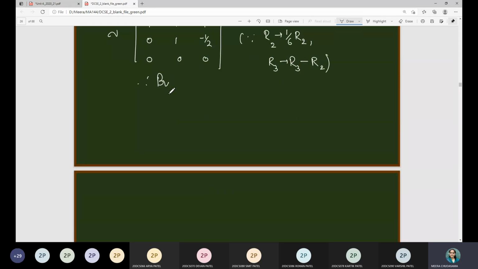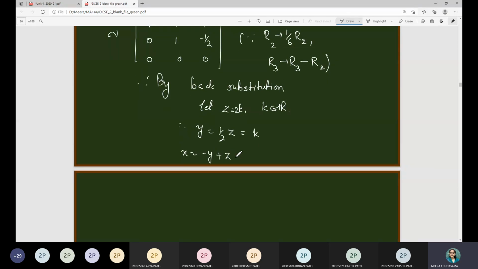So therefore, by back substitution, let Z be equal to K, where K is in R. Therefore, Y is equal to 1 by 2 Z. So Z I will consider as 2K to avoid the fractions, so Y will become K. And from the first row, I can write the expression 1, 1, minus 1, so X is equal to minus Y plus Z. So it is minus K plus 2K, that is K. Therefore, the eigenvector x, y, z is x that is 1, y is also 1, z is 2.